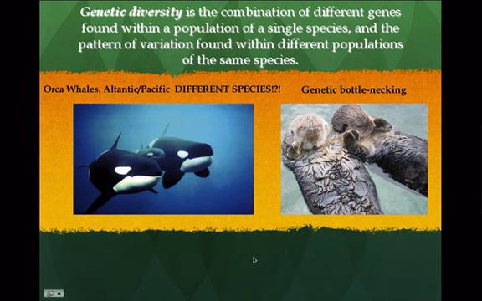And then genetic diversity can be seen, again, as the combination of different genes found within a population of a single species, and the pattern of variation found within different populations of the same species. So you have two different cases here. Genetic bottlenecking, kind of the same issue that I talked about with the cheetah.